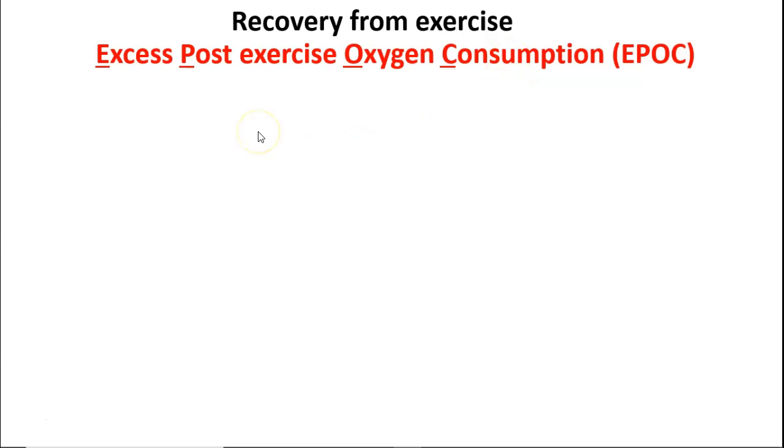Now, let me try and put that into an example you might be able to get meaning from. If you think about this, you go out for a run, or you play a football, hockey, netball game, whatever your sport is. When you do that, you are working at a relatively high intensity, which means it's quite hard to get the oxygen in that you want.